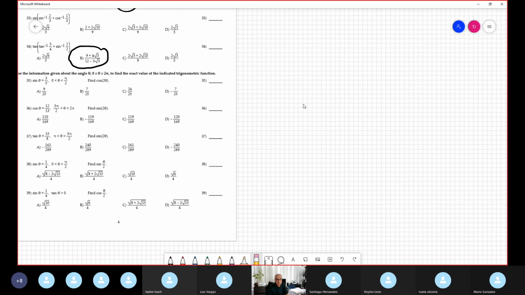Okay, 38 is given the sine. Sine theta is 1 over 4, and theta lies, so this is sometimes explicit, sometimes not, expressed as the location of the theta angle, in inequality format, no?